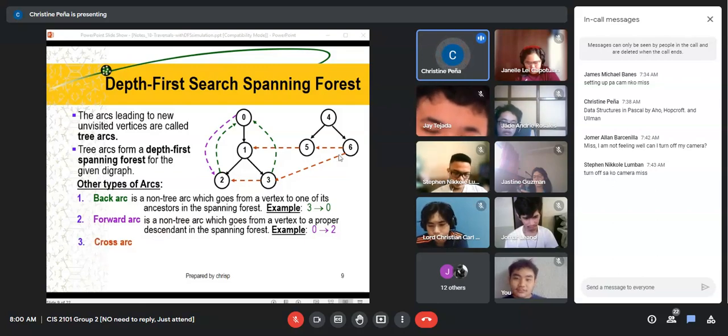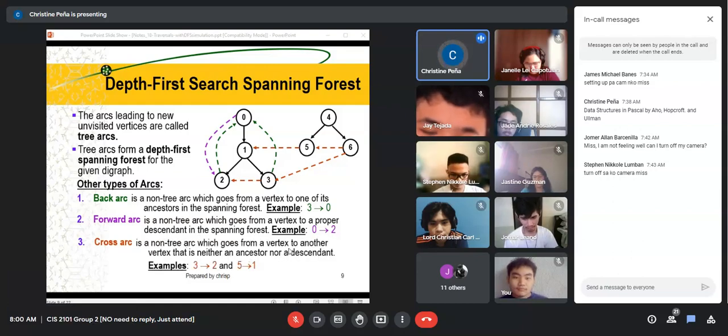And then the cross arc. You have the red arcs. They are also non-tree arcs, which go from a vertex to another vertex that is neither an ancestor nor a descendant.